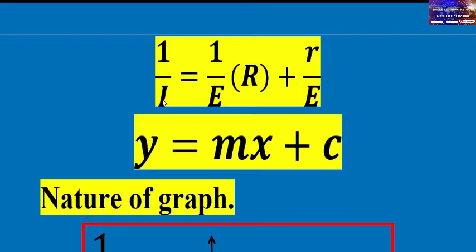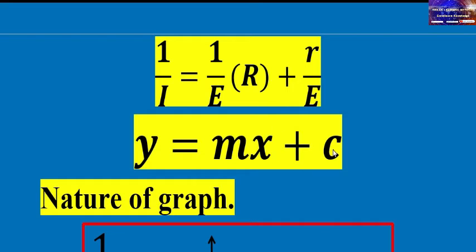Y is 1 over I, m is equal to 1 over E, R is the x-axis, and the intercept on the y-axis is c, which is r over E. And this represents the nature of the graph.